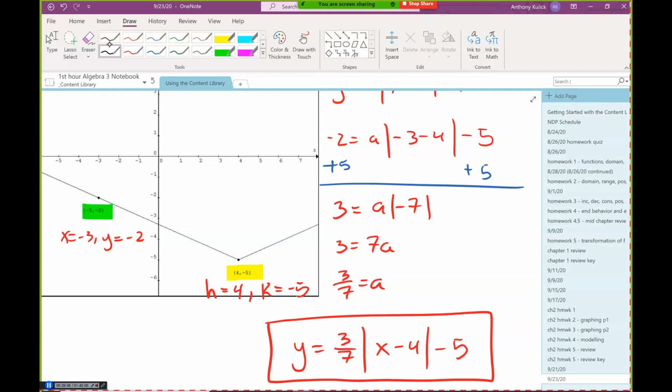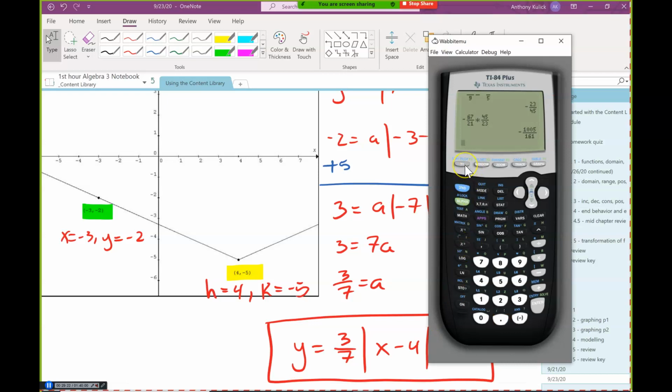Connor: Can we check that answer by putting it into the graphing part of our calculator? Absolutely. You could check this by graphing the equation that you found on your calculator and seeing if it matches the picture on your sheet of paper. To graph something, we press the y equals button, and we'll clear out whatever we might have had in there.